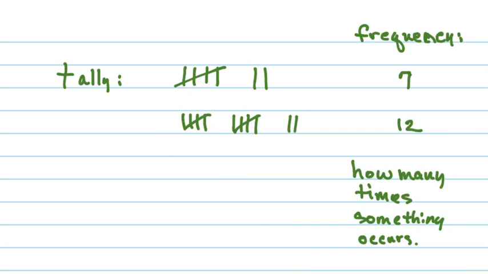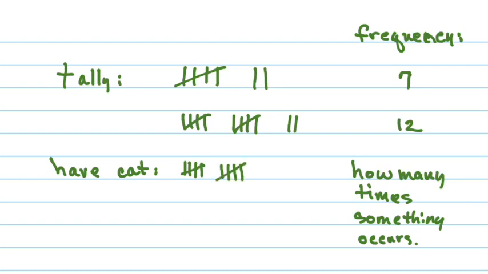So let's say that I'm going to ask all of you, how many of you have a cat? So we would title it, have a cat, okay? So let's say that I was just going through and asking, and everybody who said they had a cat, I was making marks, right?